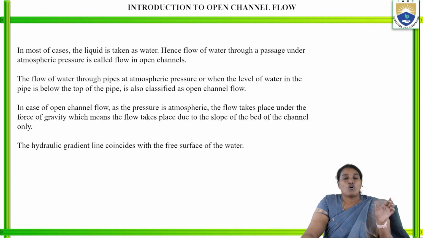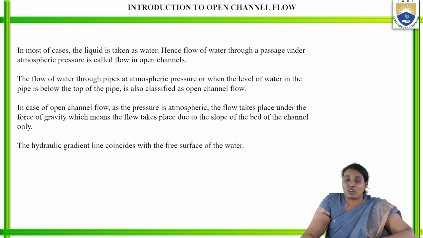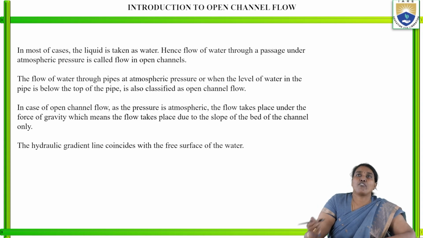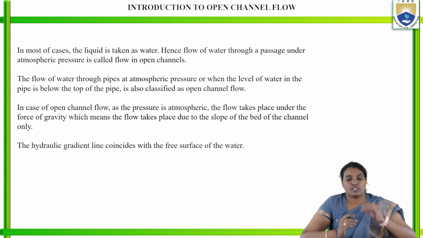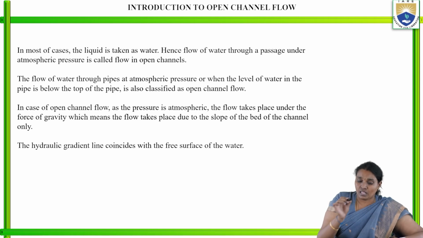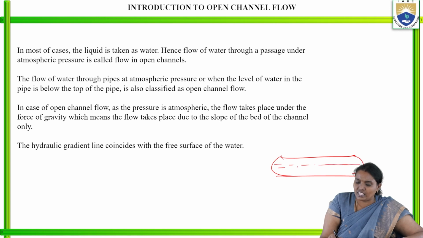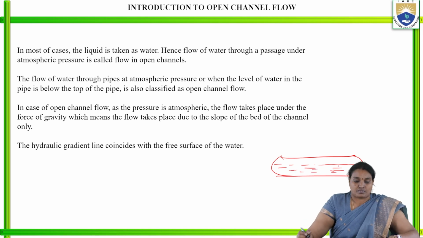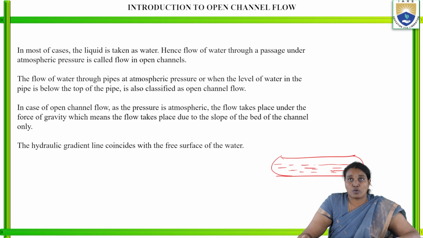Because when the water in the pipe, of any type, is flowing at a level and not at the top, and the pressure is atmospheric, such flow is also known as open channel flow.